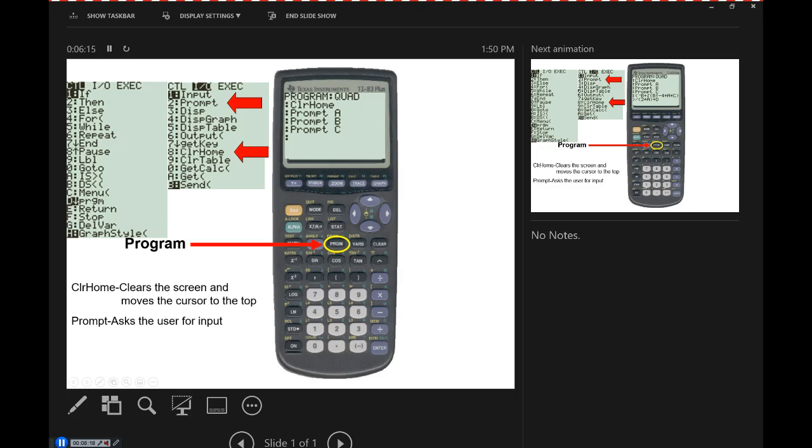All right. Has everybody got prompt A, B, and C in? Okay. The next step is I'm going to type in the quadratic formula. So make sure that your next line looks exactly like this one. When you get this little arrow, how do you type in the arrow on your calculator?